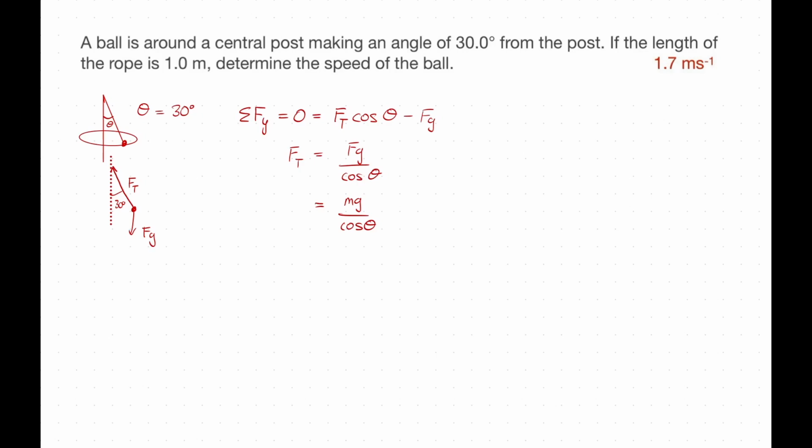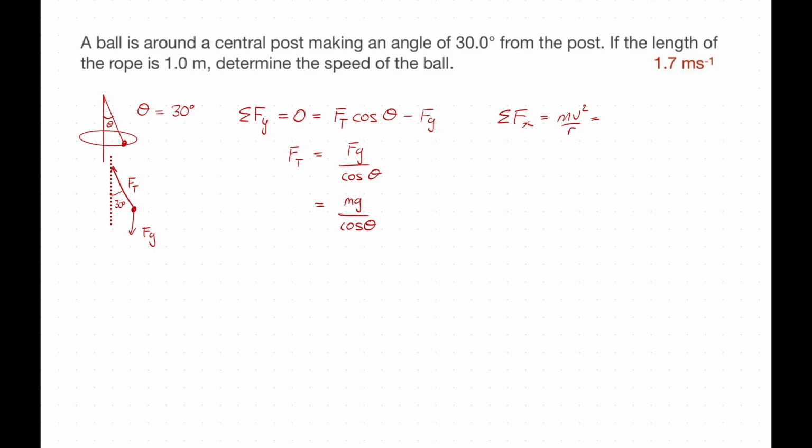The sum of the forces, or the net force in any object that is traveling around in uniform circular motion, is equal to mv squared on r. So the sum of the forces in the x, which is the plane at which my circle is rotating, my object is rotating, is going to be equal to mv squared on r, which is then going to come from what force?